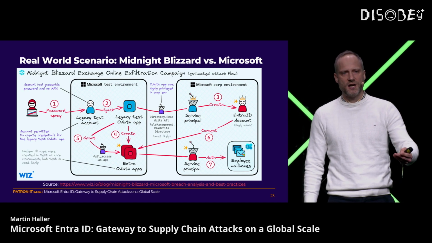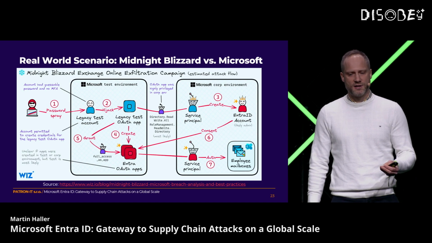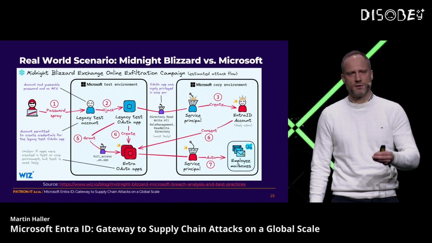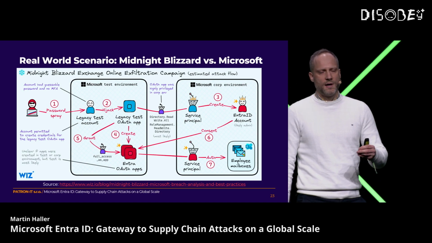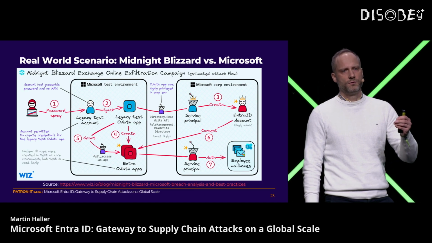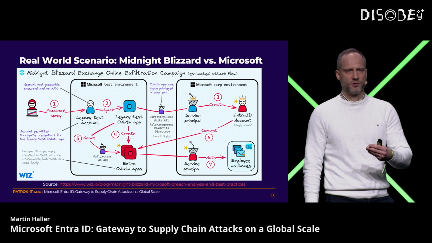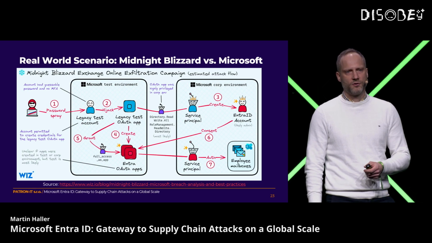Actually, there was some application registered in the tenant. That registration, or that enterprise application, was trusted by a production tenant of Microsoft, and had higher privileges. So the attackers were able to compromise the production tenant of Microsoft and access the emails of Microsoft employees, management, and all of the guys.